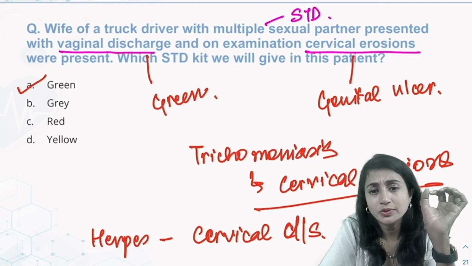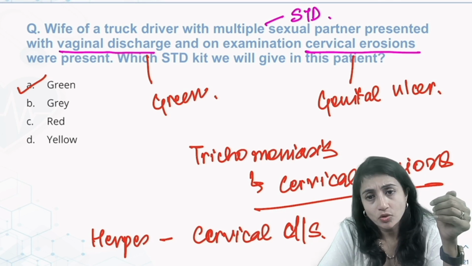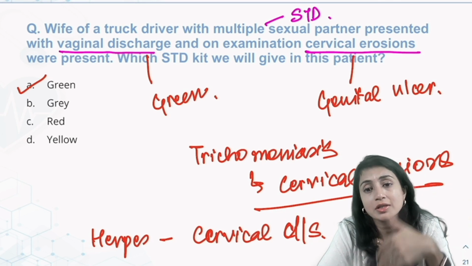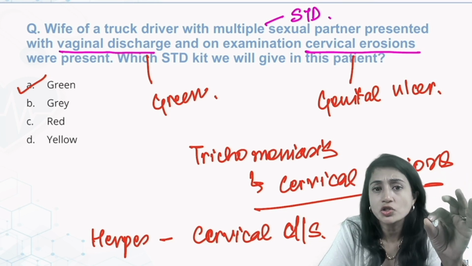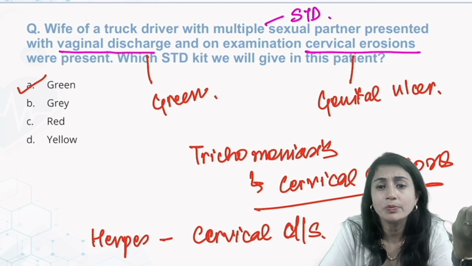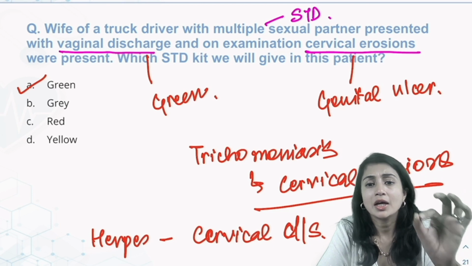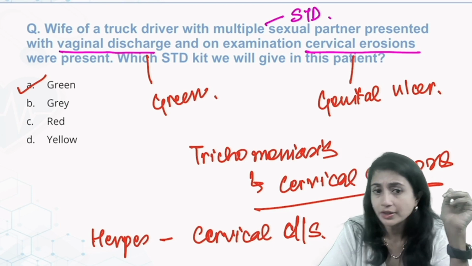I don't think the examiner would try to figure out whether you know that herpes can cause cervical erosions in such form. So, if there was no confusion here, vaginal discharge, which on examination showed cervical erosions, they are probably talking about trichomoniasis, and so you will give the green kit to the patient, right?